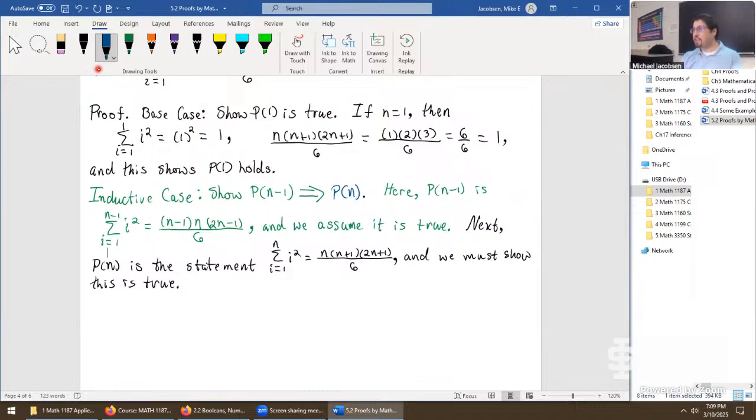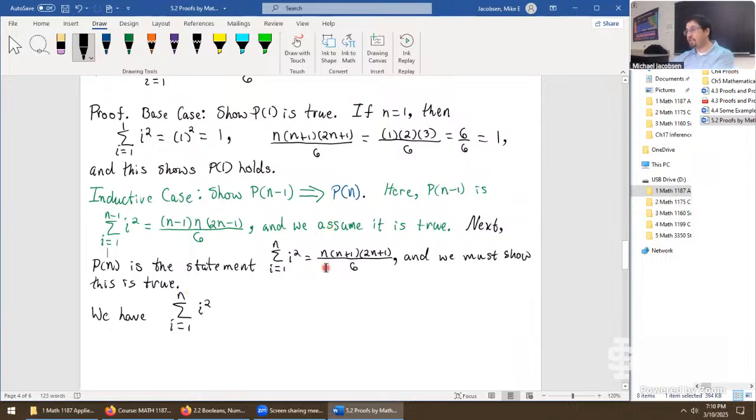Okay, so here's how those next steps are going to look. We would take this whole thing right here and go where the red dot is. We have the summation, i goes from 1 to n, of i squared, so the sum of the first n squared integers.